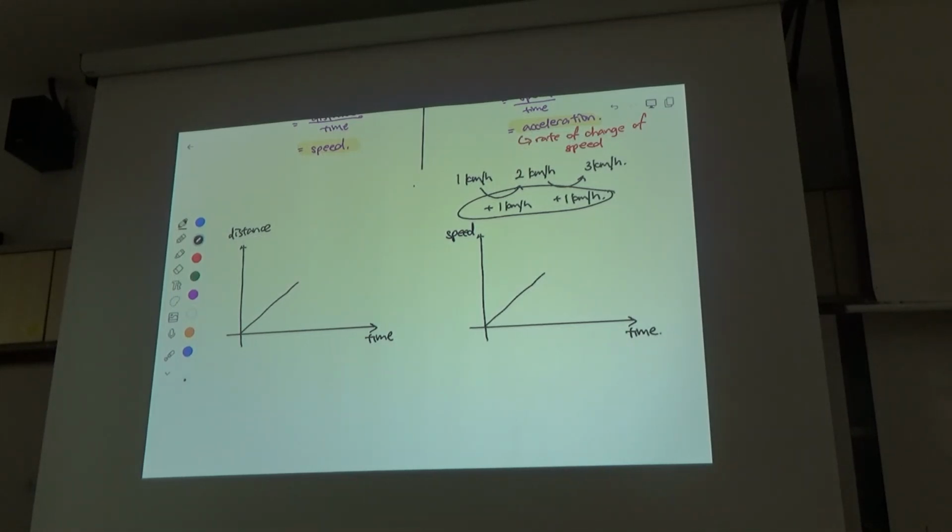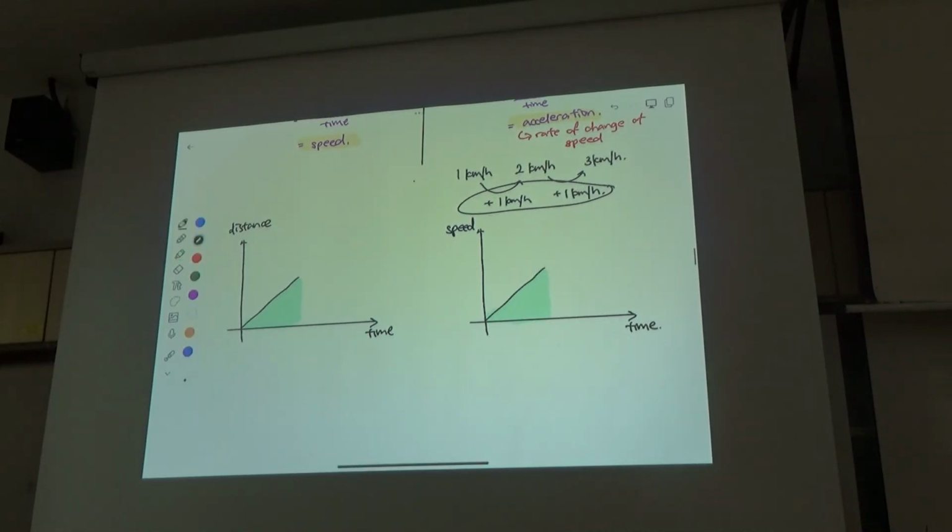Let's say I have to look at the area under this line. And it is a what shaped triangle, right? Whereas compared to this one. The area under the graph for the distance time graph, it will be half times base times height.